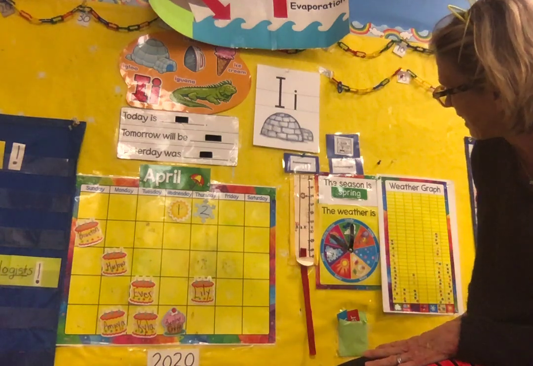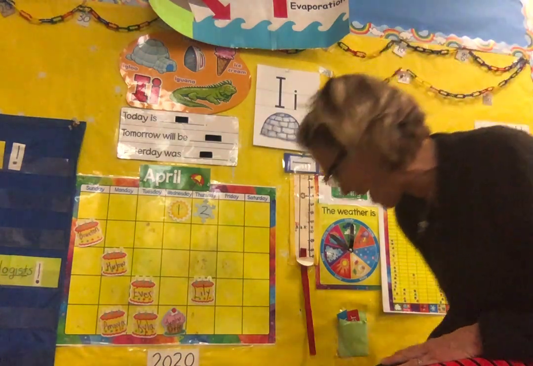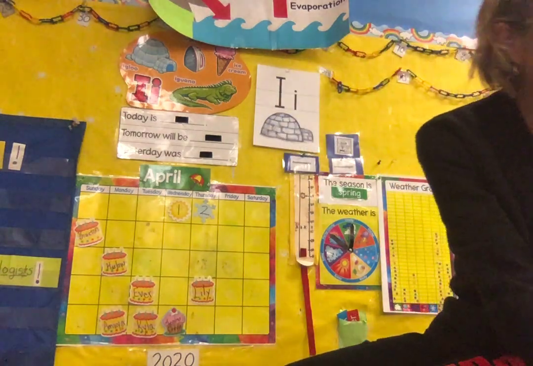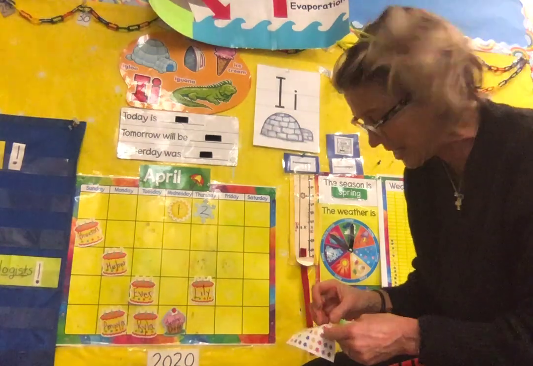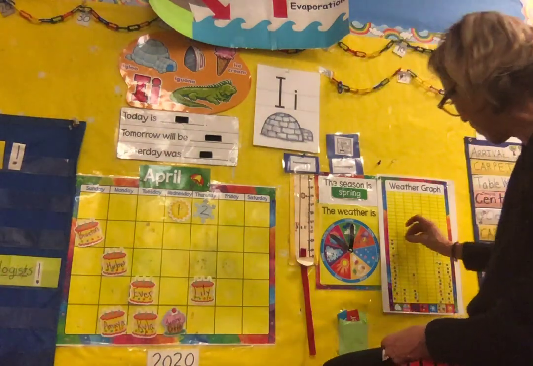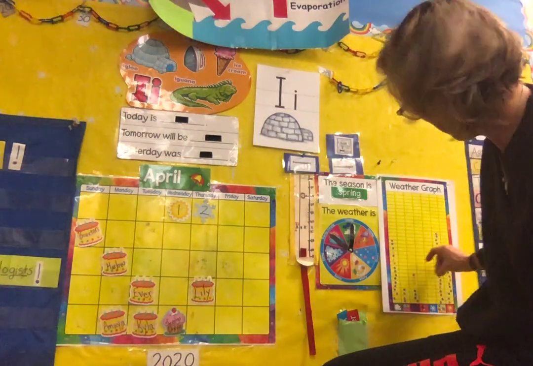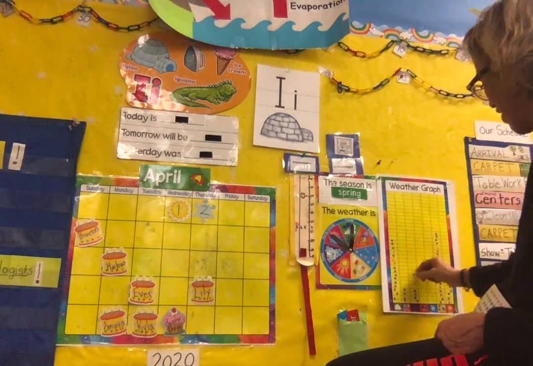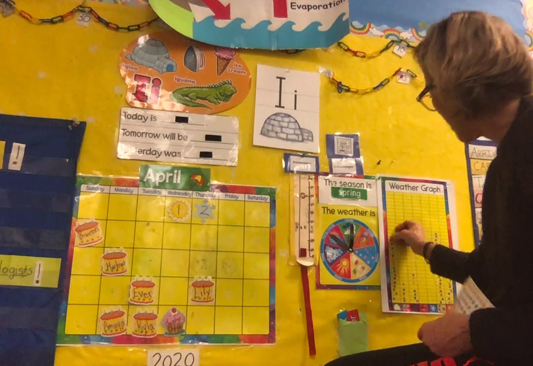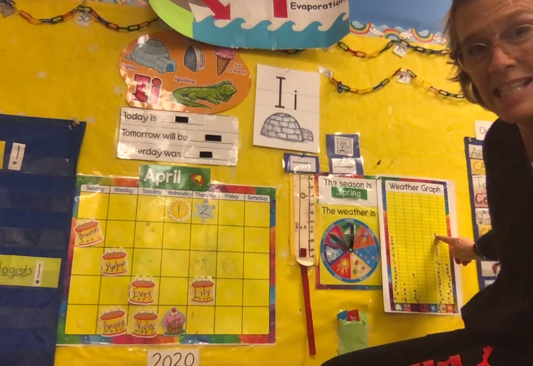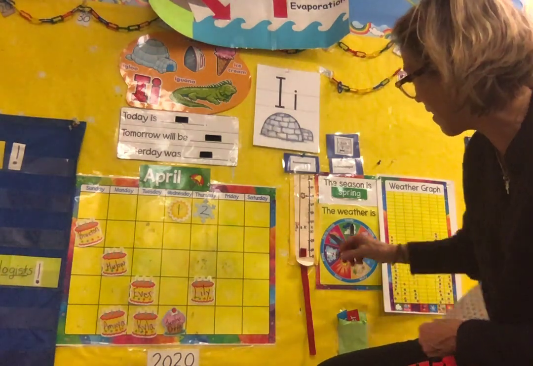I think I'm going to say partly sunny and cloudy today. And I'll mark that on my weather graph. I think Teacher Melissa had a weather graph too. That's pretty cool. I think she started over though. I'm still waiting to get to the top. Partly sunny and cloudy, and windy is ahead by 1.